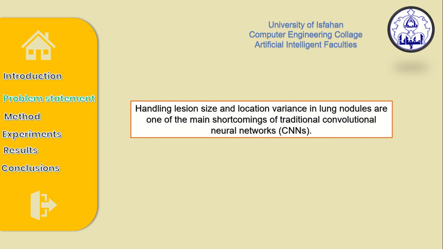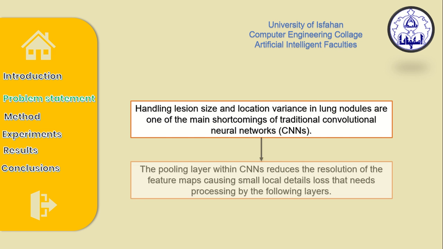Handling lesion size and location variance within the lung nodule is one of the main shortcomings of traditional convolutional neural networks. The pooling layer within the CNN reduces the resolution of feature maps, causing small local detail loss that needs processing by the following layers.